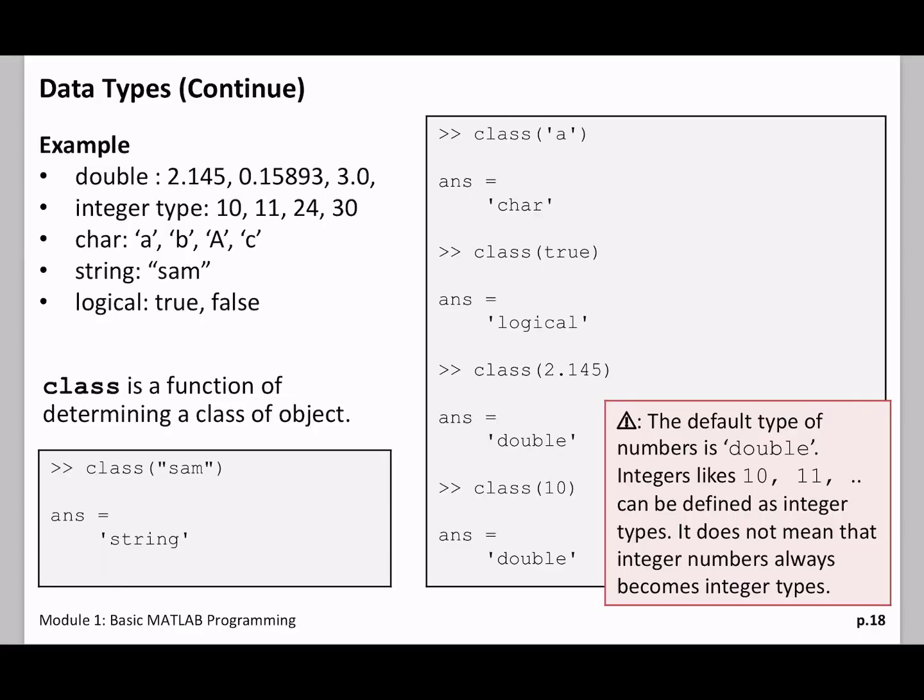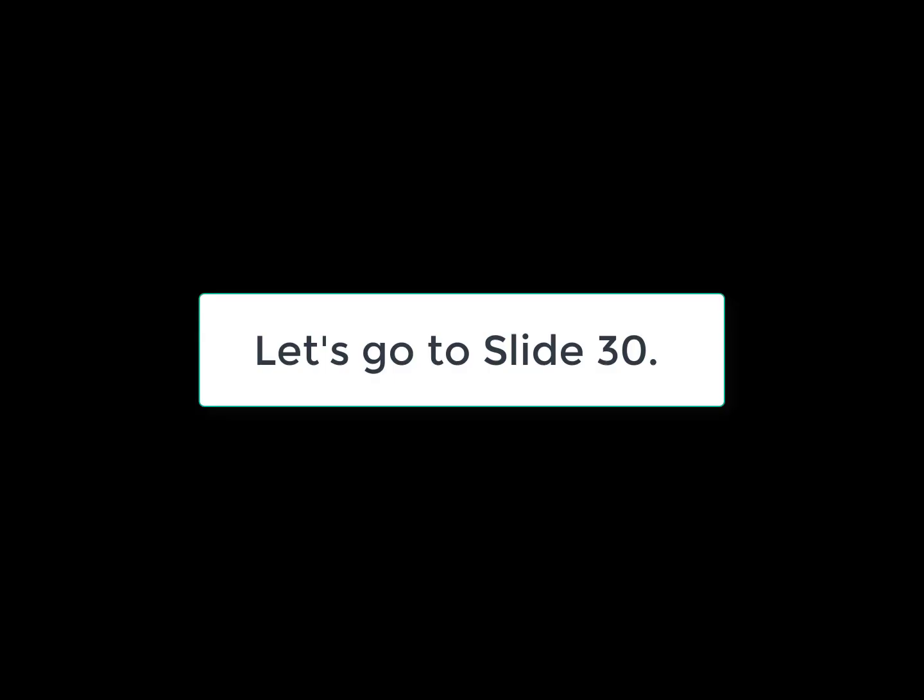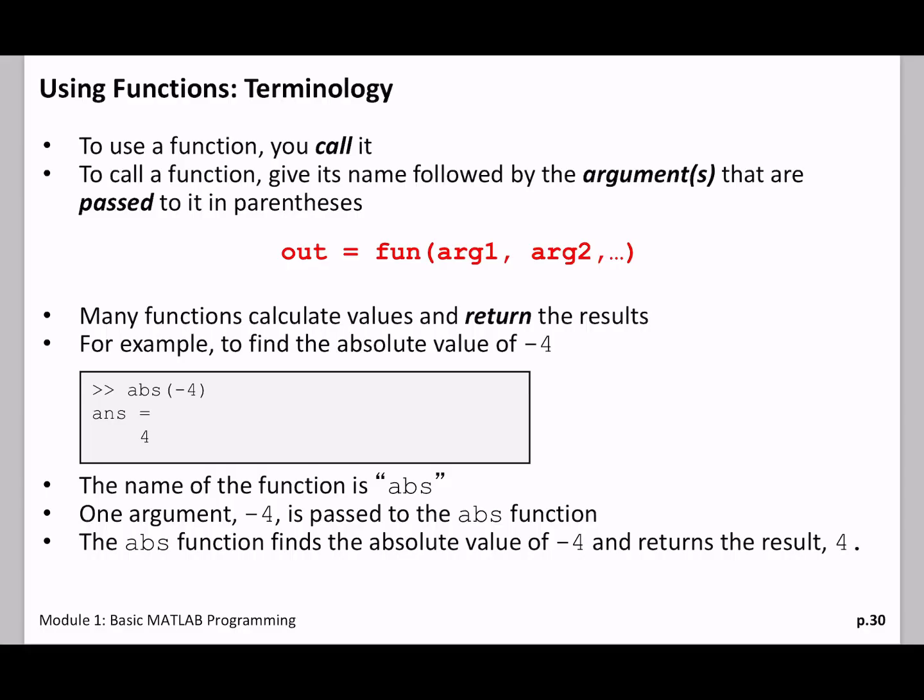So here's the example. Class is a function for determining the class of an object. What is a function? As I mentioned, there are lots of built-in functions in MATLAB, and you can also make your own function.